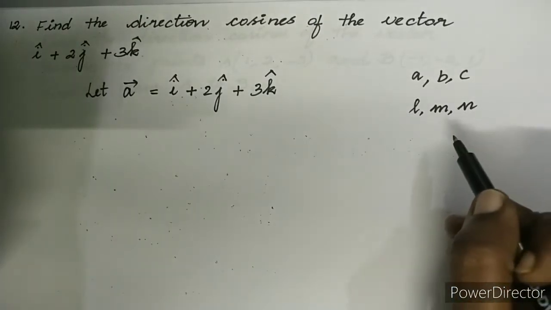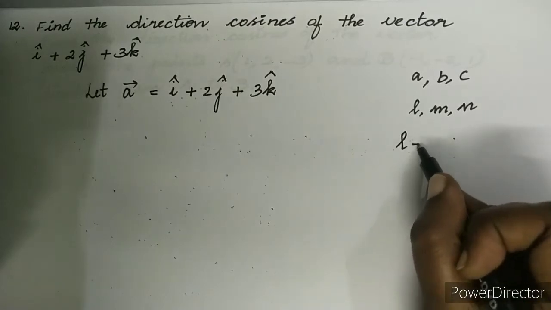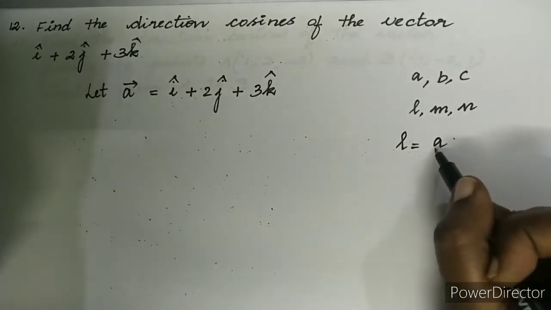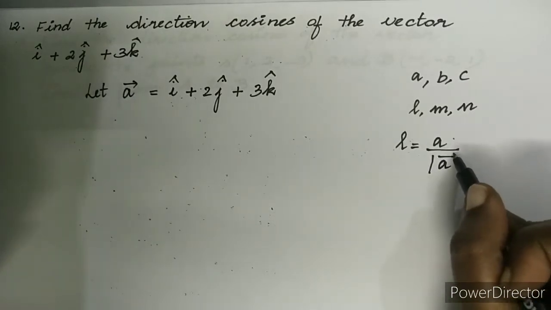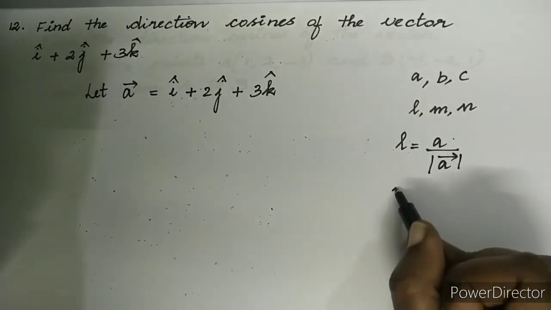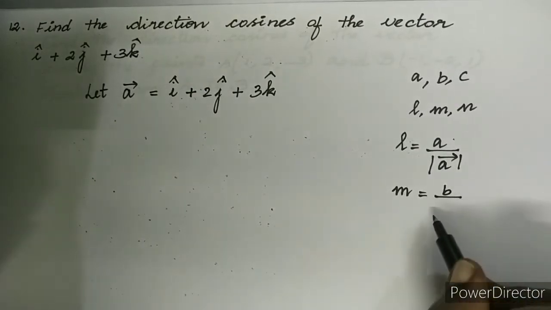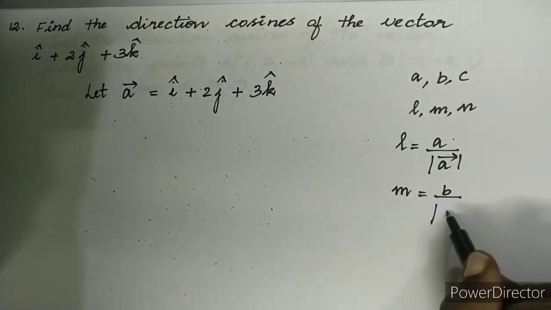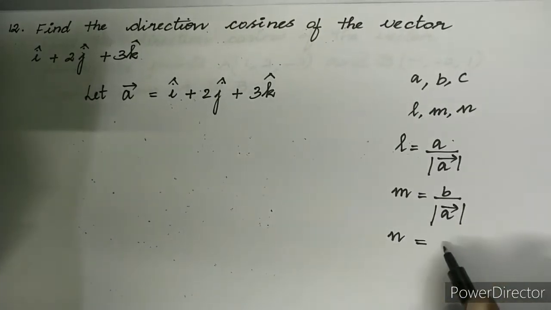Also we know that l, m, n are the direction cosines of the given vector. Now, how to find l, m and n? Here l is equal to a divided by magnitude of a vector, m is equal to b divided by magnitude of a vector, and n is equal to c divided by magnitude of a vector.